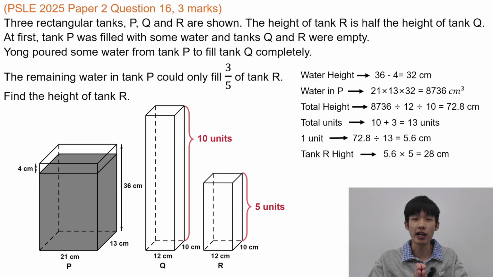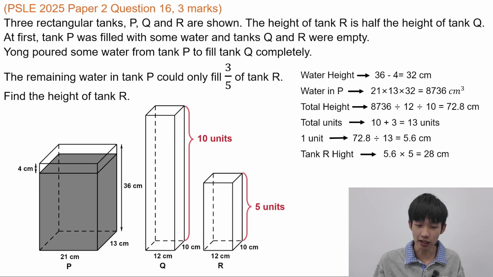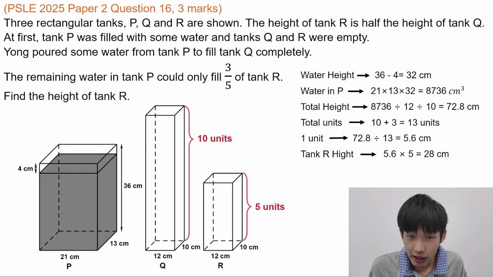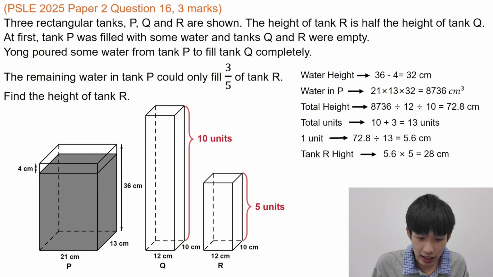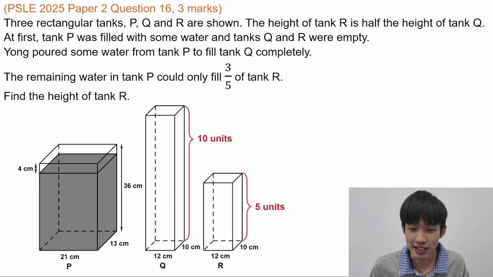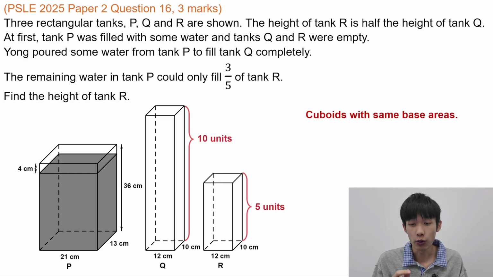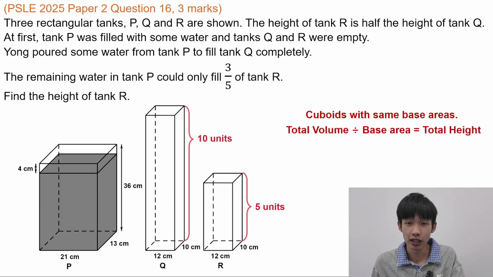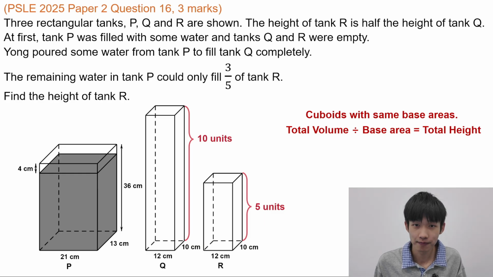Now let's summarize this question. At the very beginning, we can see the volume, tank Q and tank R, and the information we get is about the base area they have. What relation is it? Yes, they have the same base area. So for cuboids with the same base area, we can use a calculation which is the total volume divided by total base area, and we will get the total height.